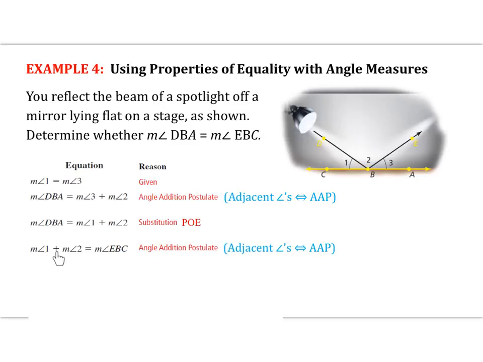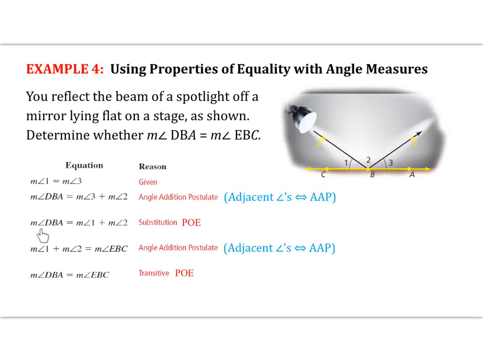Next, I can say measure of angle 1 plus measure of angle 2 equals measure angle EBC. So this time I'm saying 1 plus 2 equals EBC, and that's because of the angle addition postulate. So adjacent angles implies angle addition postulate. And now I'm able to have a final conclusion that measure angle DBA equals measure angle EBC, and that's by using the transitive property of equality.